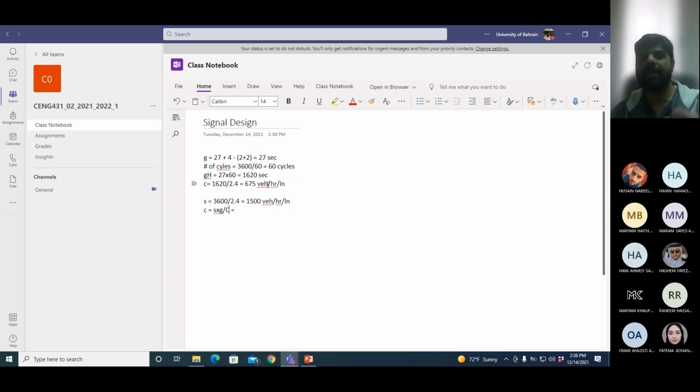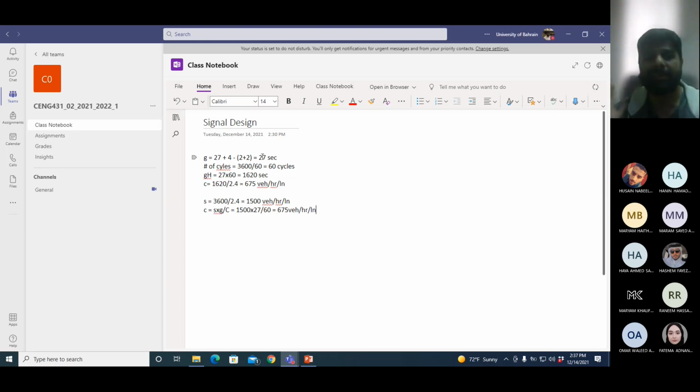But I have a portion of cycle which is effective green, so I will have a portion of saturation flow rate as the capacity. So again, this is 1500 into 27 seconds effective green divided by the cycle length, 60 seconds. Capital C, the cycle length of 60 seconds, should be equal to 675 vehicles per hour per lane.